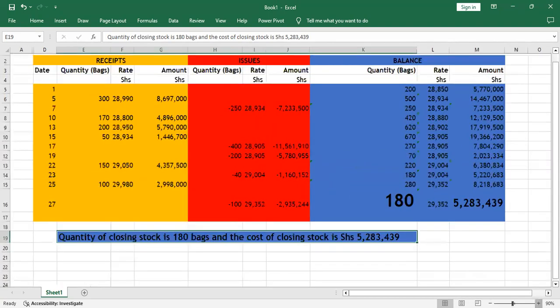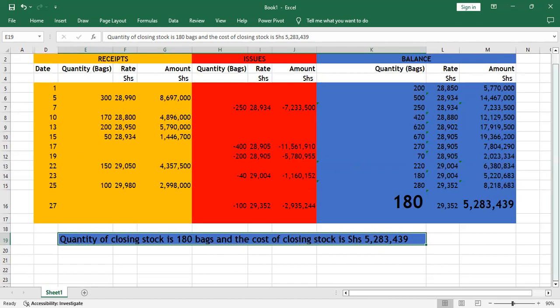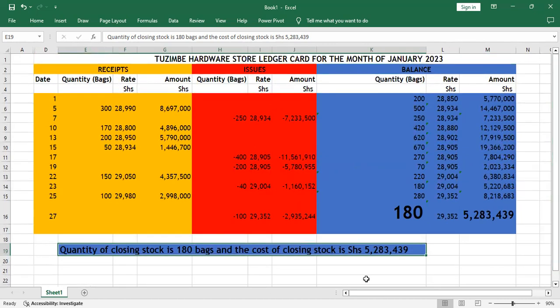As you can see, I think it's now very, very clear. So that's how we have managed to use the weighted average cost method.